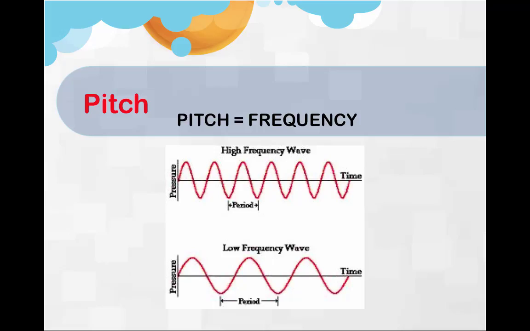It hears the wave. The wave agitates your eardrum. So if you have a very, very high note, the sound wave will travel at a very high frequency, which means if you see here on the diagram on your screen, you have the first sound wave. It undulates, it goes up and down very, very frequently, right, compared to the second one.